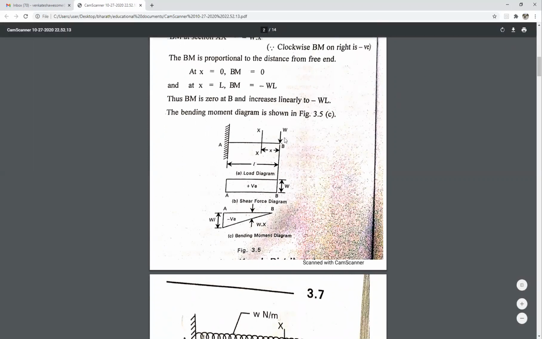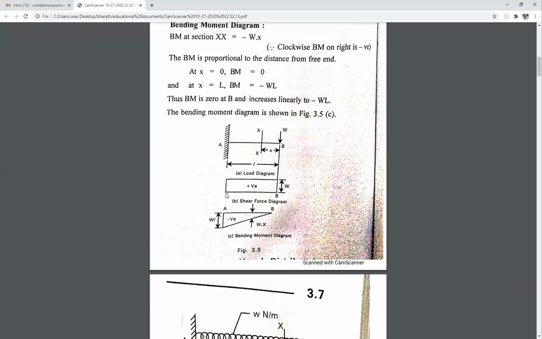This is the point load W. AB is the baseline as usual. From here we construct a vertical line up to the magnitude of W. From here to here there is no load, so the entire shear force will be constant, represented by a horizontal line.